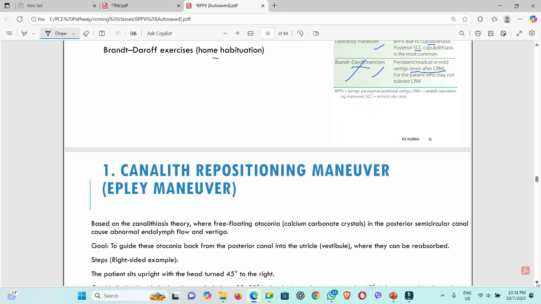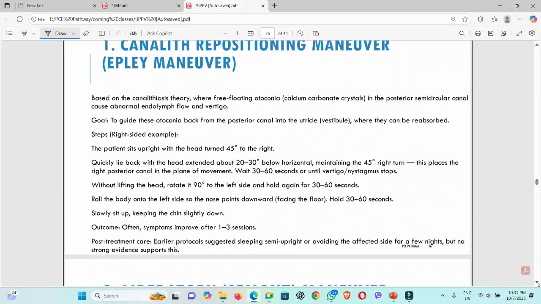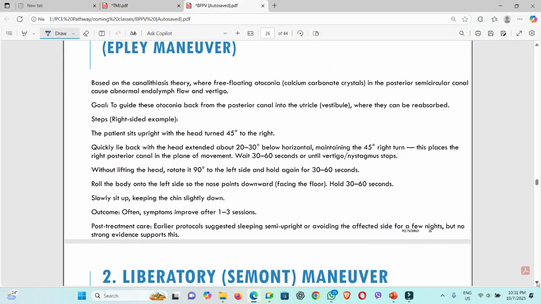Now coming one by one, what is the Epley's maneuver? Okay, based on the canalolithiasis theory, where free floating otoconia in the posterior semicircular canal cause abnormal endolymph flow and vertigo.